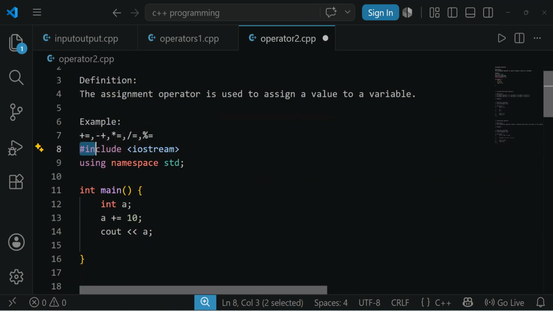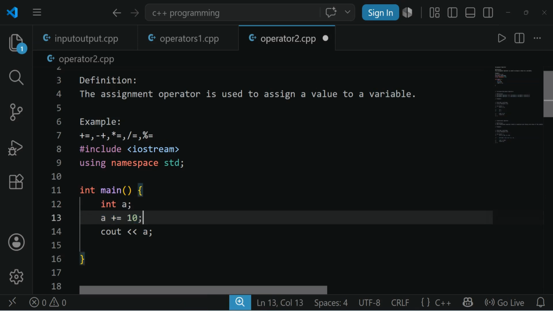Hash include iostream, using namespace std. It is common, int main. In the main block, we have declared a variable. For that variable, we have assigned some value like this: A plus equals to 10. How does it actually work?